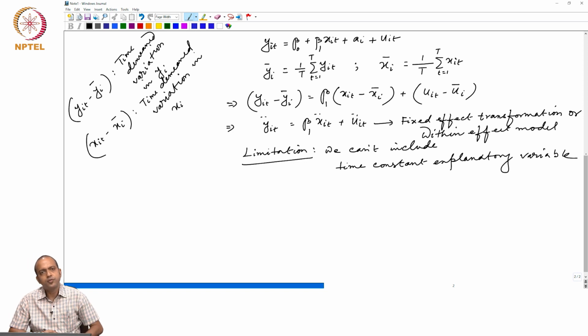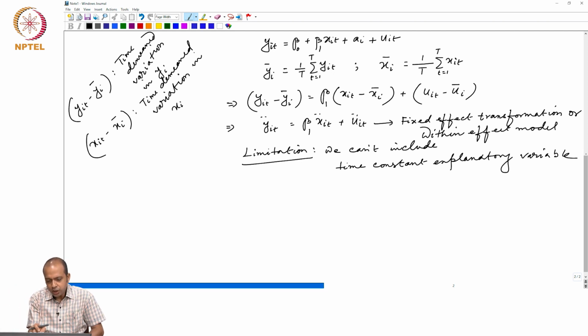But you may think about what the objective of the fixed effect model is. My objective of this fixed effect model is to explain time variation in Y with the help of time variation in X. If that is the objective, is it really a limitation of this model? I am trying to explain the time variation in Y with the help of time variation in X. If that is the case, then for a variable for which there is no time variation, if over a period there is no change, why should I include that?